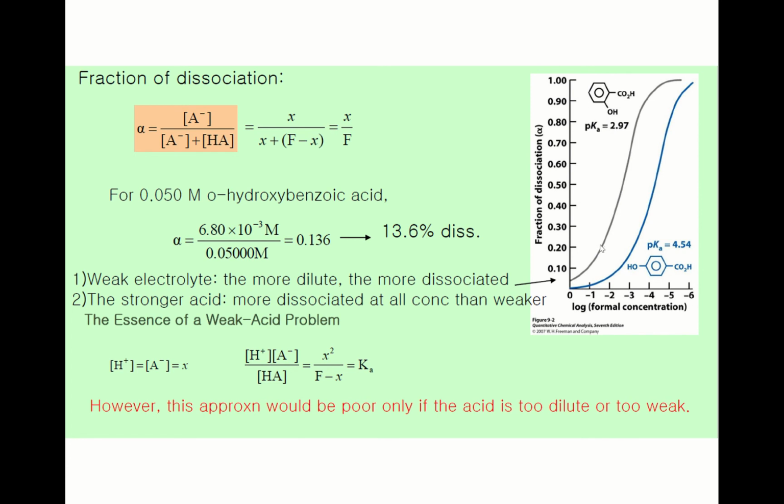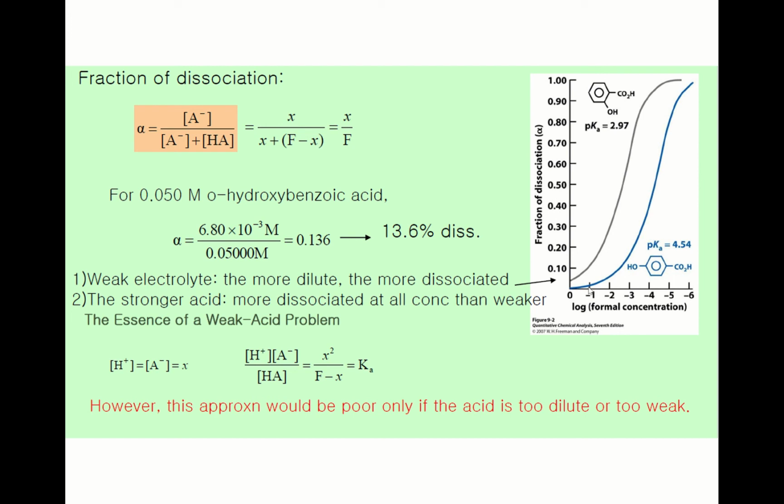It readily dissociates. The x-axis is the log of the formal concentration, so if you go to the right side, the concentration becomes smaller and smaller. The general trend is that as concentration becomes lower and lower, more and more dissociation occurs.